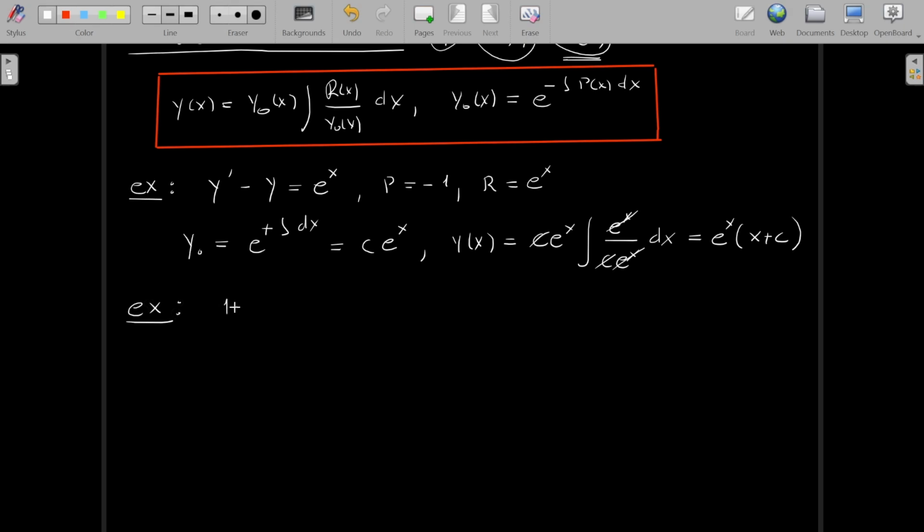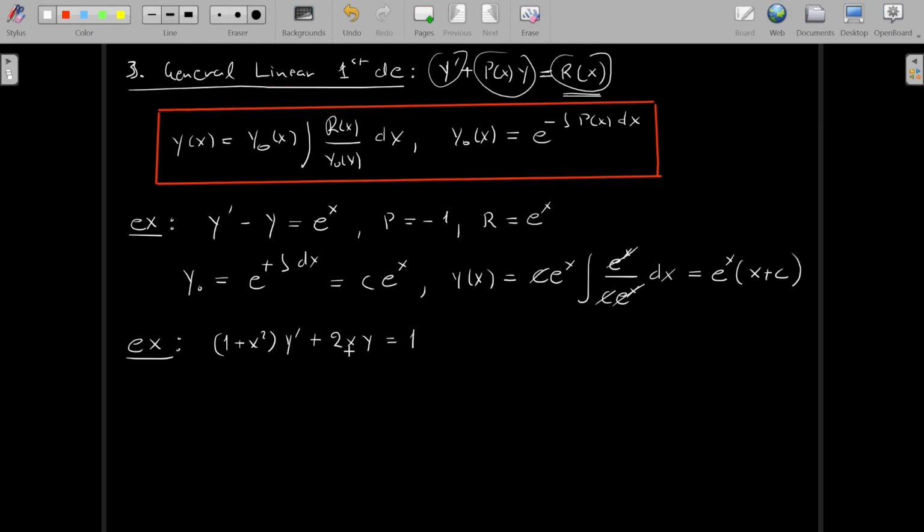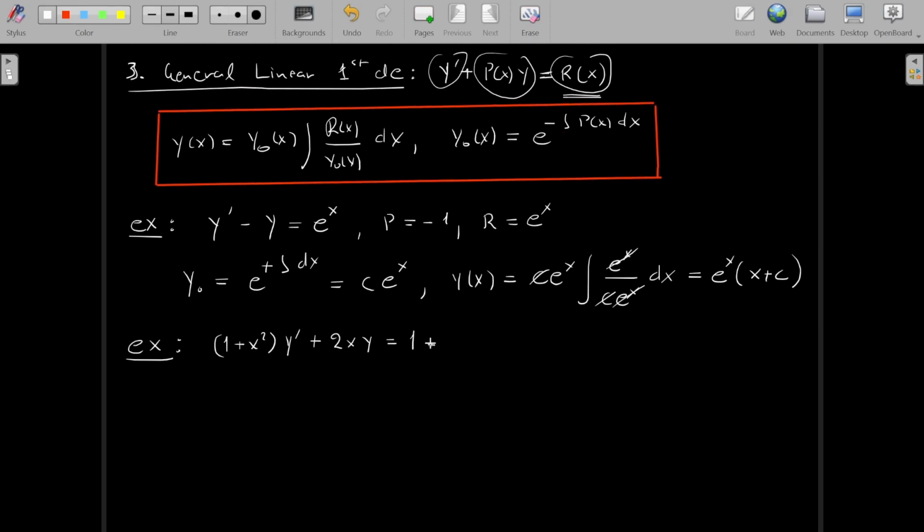Let's say you have 1 plus x squared times y prime plus 2xy is equal to 1. Now, this is not written in this form, so go ahead and make it look like this.